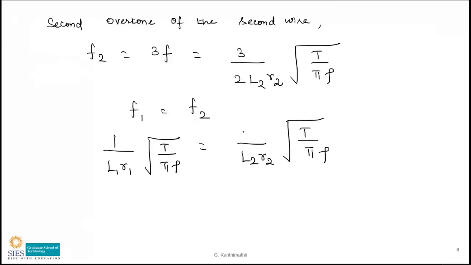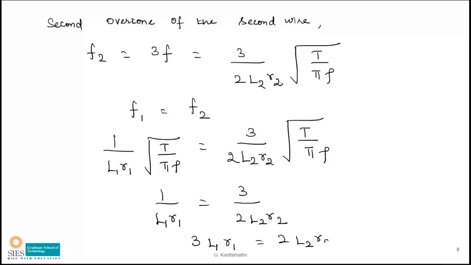We have 3 by 2 L2 R2 square root of T upon pi rho here. So this T upon pi rho is common, so it would get cancelled. So I would get 1 upon L1 R1, which is equal to 3 by 2 L2 R2, correct? So now this would become 3 L1 R1 equal to 2 L2 R2.